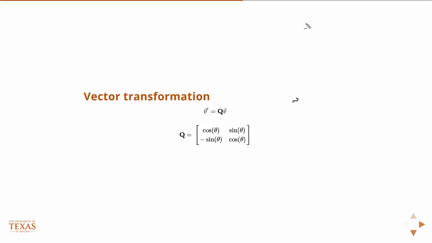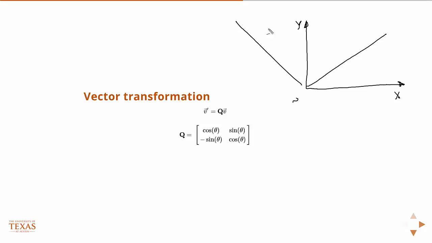Okay. So if we have x and y and x prime and y prime, z is poking out of the board, right? So is z prime. They're coincident. I rotated about z, so z and z prime are both sticking out of the board in the same direction.